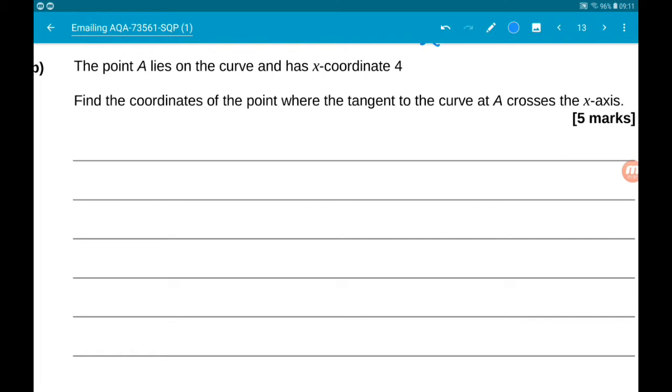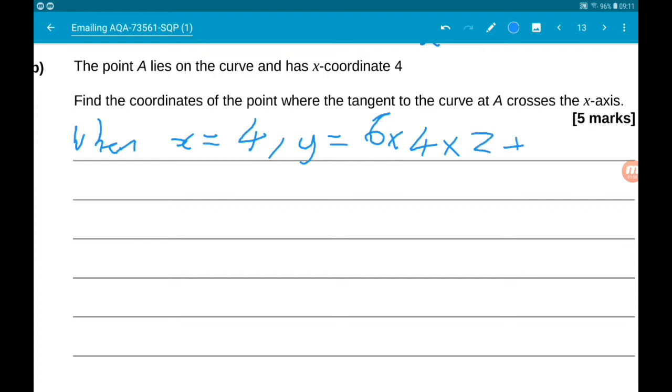So when x is 4, y is 6 times 4 times root 4, so times 2, add 32 over 4.